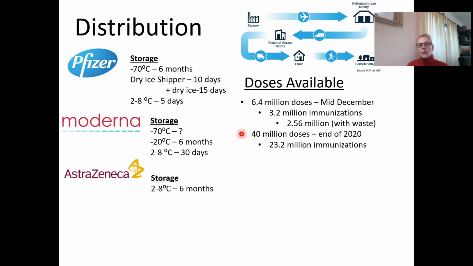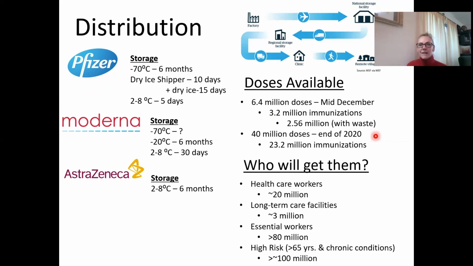So Operation Warp Speed is hoping that there'll be 40 million doses by the end of 2020, with additional doses from Pfizer and Moderna coming online. And so if you take that 20 million immunizations plus that 3.2, that gives you a little over 23 million individuals that could be immunized by the end of 2020. So who's going to get them?